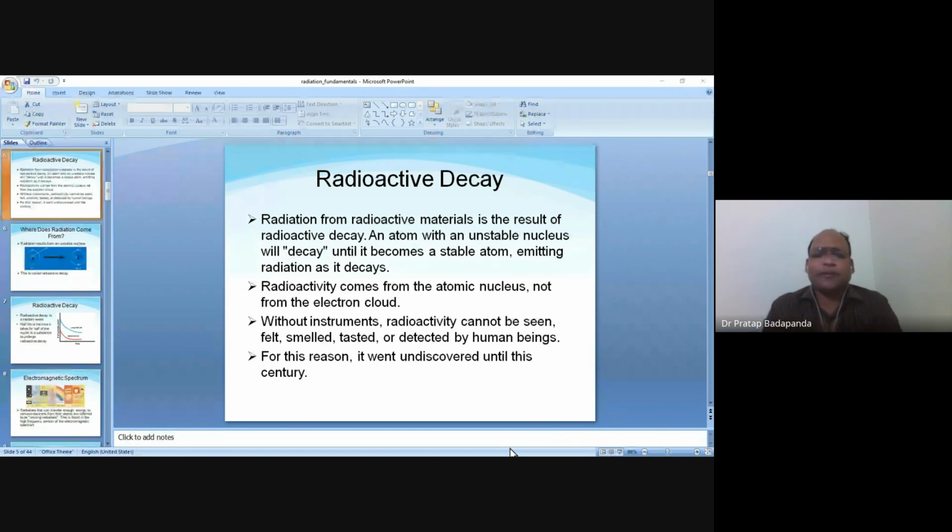We come across many things nowadays, like global warming. It is not the same as radioactive radiation, but it is radiation.